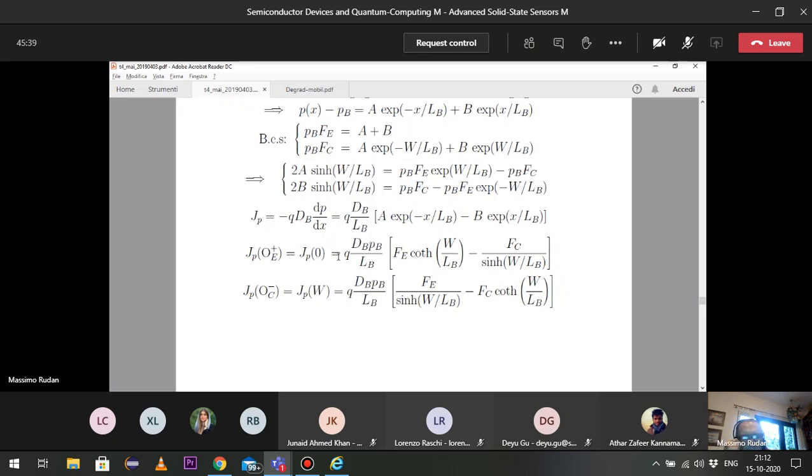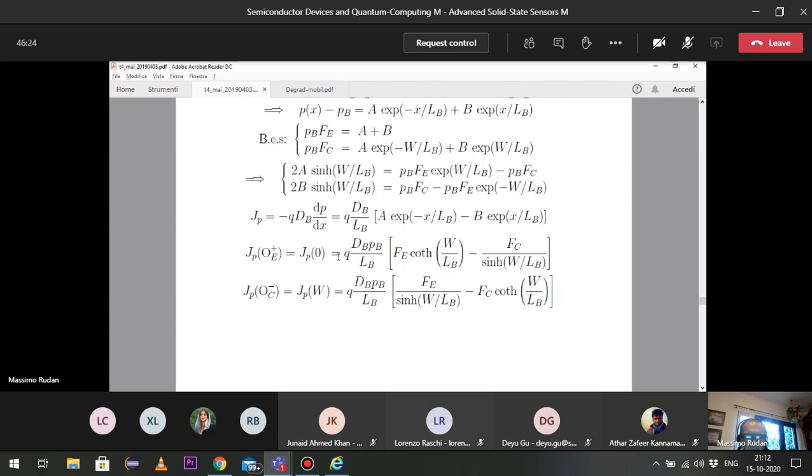So Jp of 0E plus is a coefficient q D_B p_B over L_B times a term in which we have F_E multiplying the hyperbolic cotangent of W over L_B, minus the other term F_C divided by the hyperbolic sine of W over L_B. You remember F_E and F_C contain the applied voltages, the exponentials of the applied voltages.